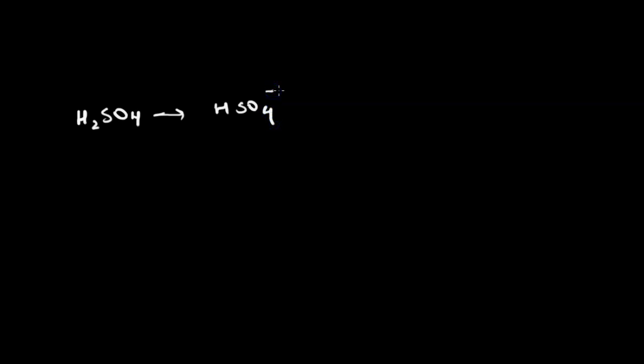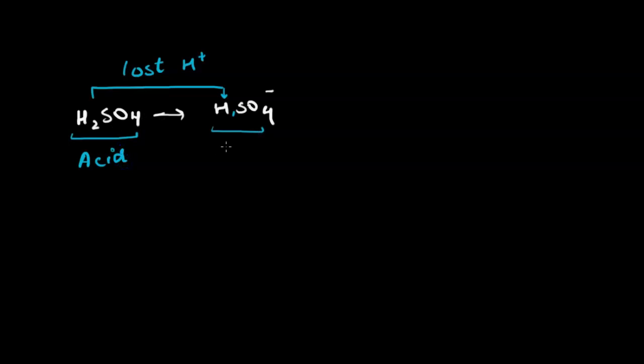How do we decide which one is an acid and which one is a conjugate base, or vice versa? Then we look at the number of hydrogen ions contained. Now this one has 2 hydrogens, this one has 1 hydrogen. That means this one has lost H positive to form this. So the substance that loses H positive is going to be called an acid, and what it forms is going to be called a conjugate base.